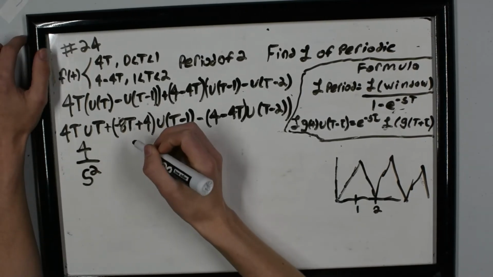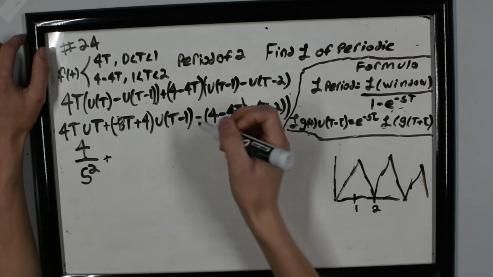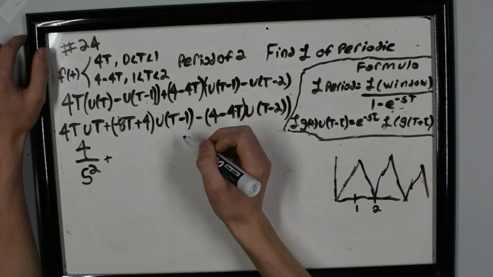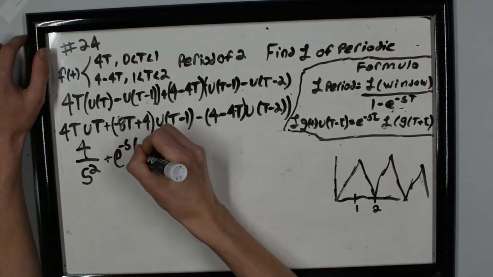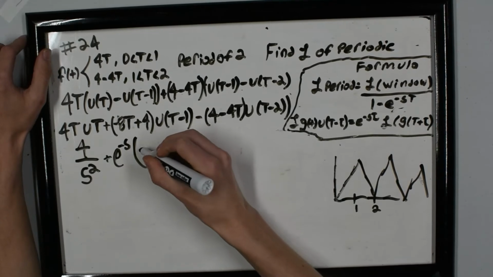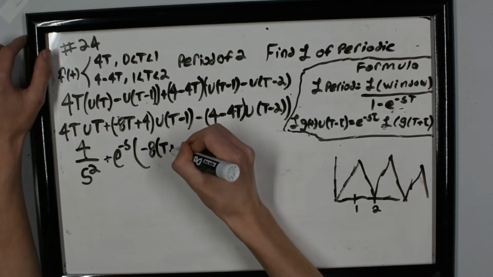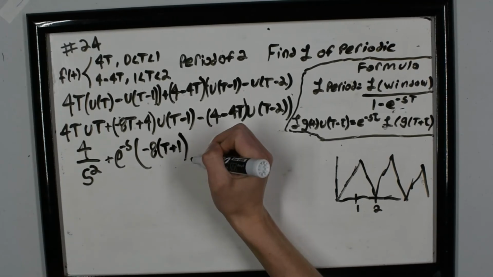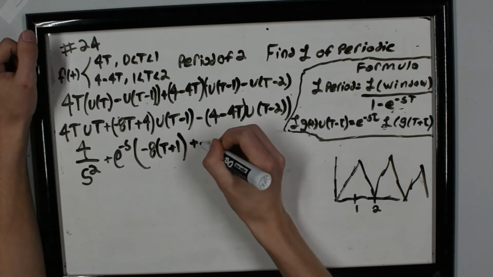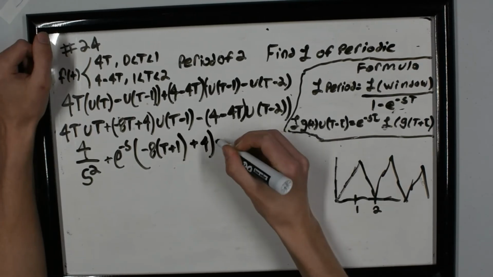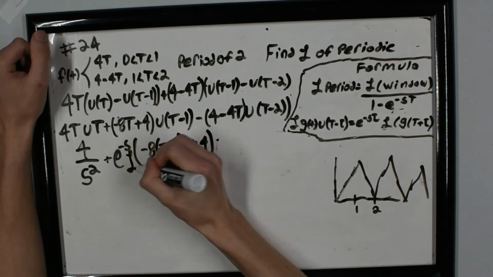Okay, so now let's take the Laplace transform of this one. So we have plus. Tau here is equal to 1, so we're going to have e to the negative s times the Laplace transform of negative 8 distributed to t plus tau. Tau is 1, so it's t plus 1, plus 4. Minus, and it's the Laplace transform of this function.